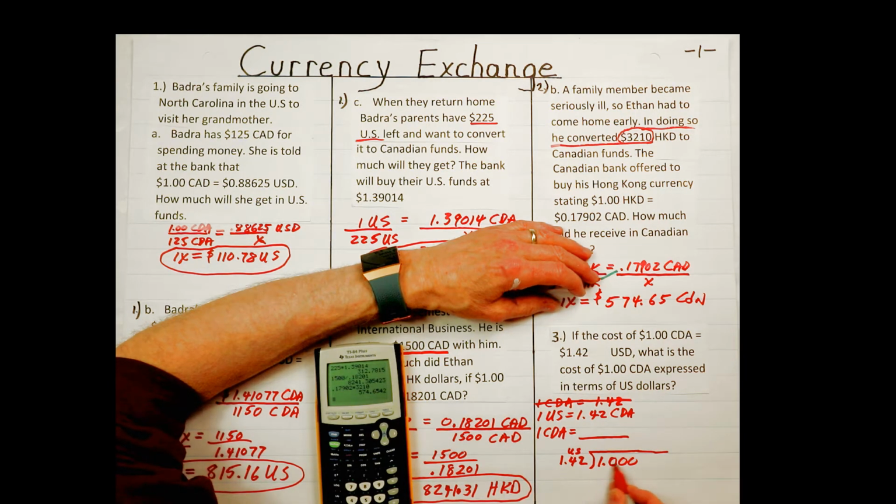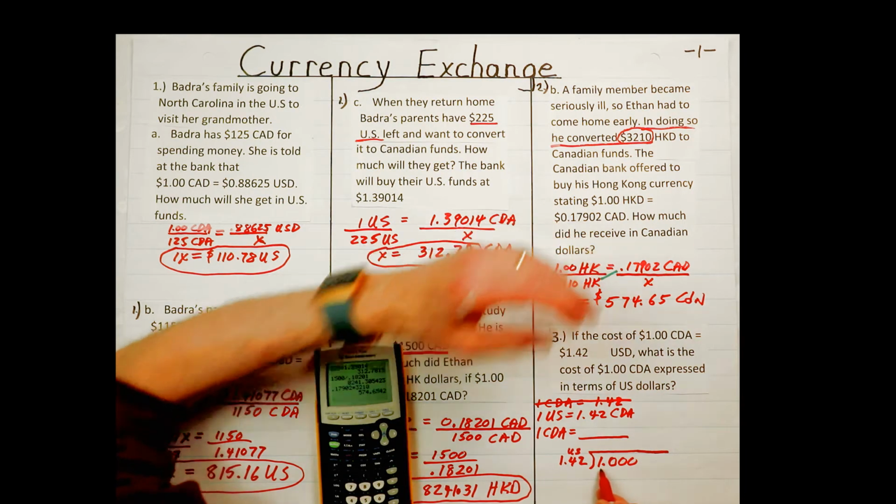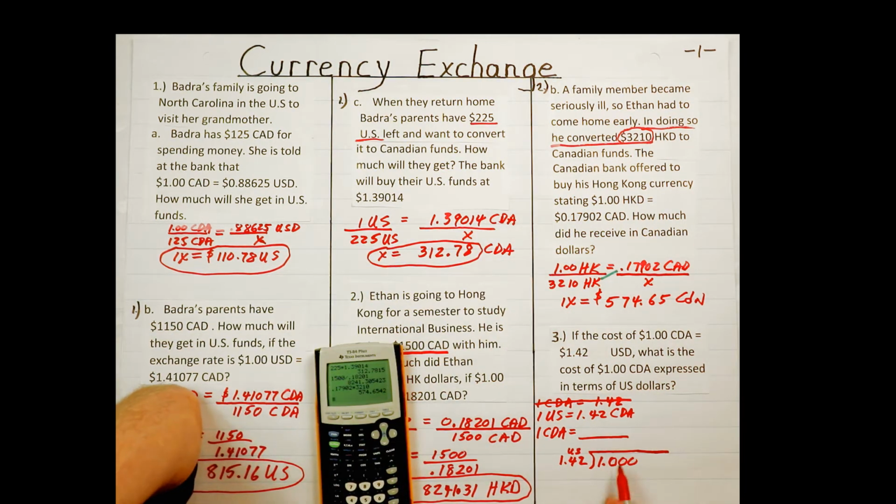So this 1 underneath the division sign is going to represent Canadian dollar. So how many times will 1.42 divide into 1? And that'll tell us the value of the Canadian dollar.